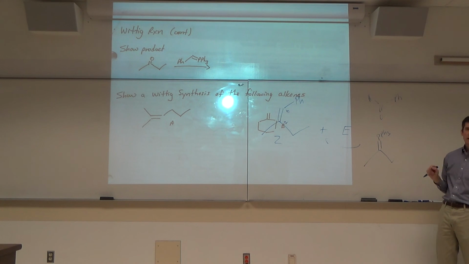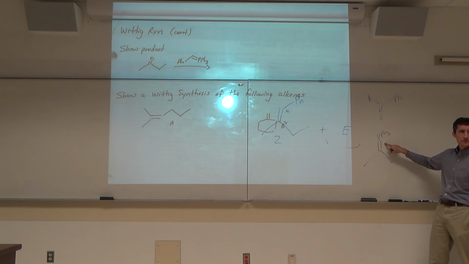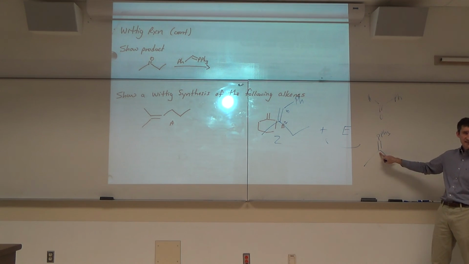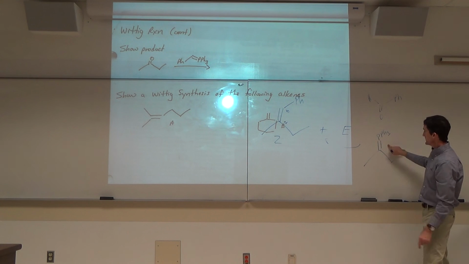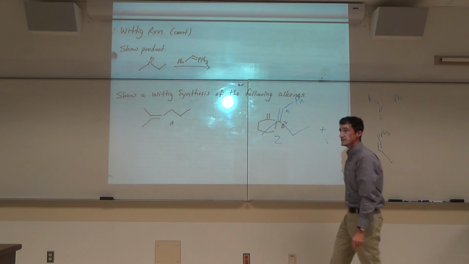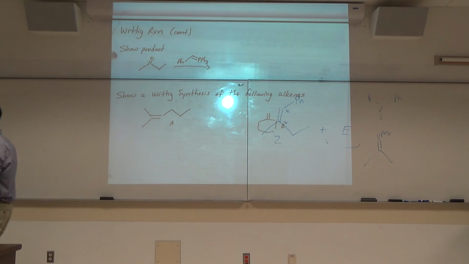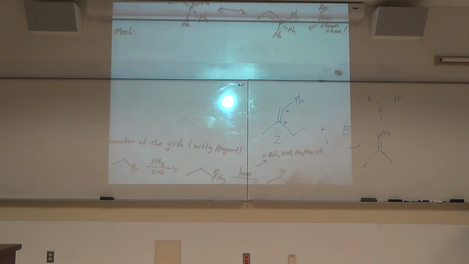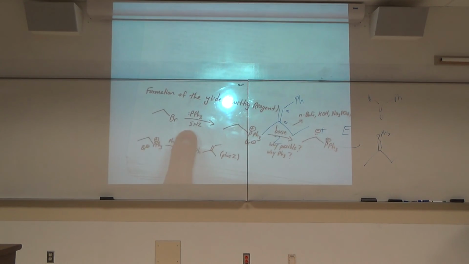Okay, here's the key thing. Typically, you want your ylide carbon to be less substituted. So which would be better, the way they made it originally or this way? Original. Why is it better to have that less substituted? It all goes back to how you make it.